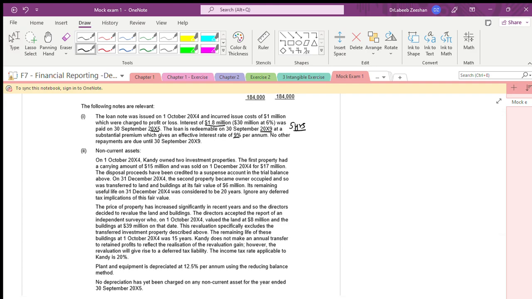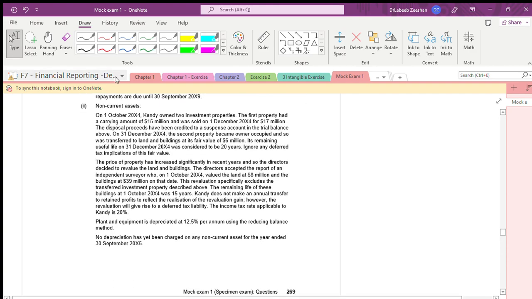Definitely there will be some depreciation in that. Is it right? Without depreciation, on 1st October, Candy owned 2 investment properties. The first property's carrying amount is 15 million, sold for 17 million. Is it right? 2 million is the revaluation gain.